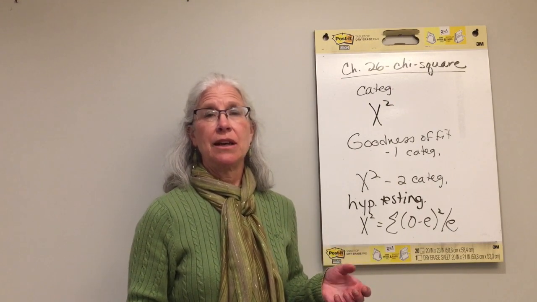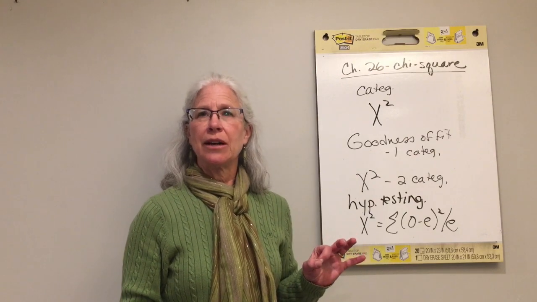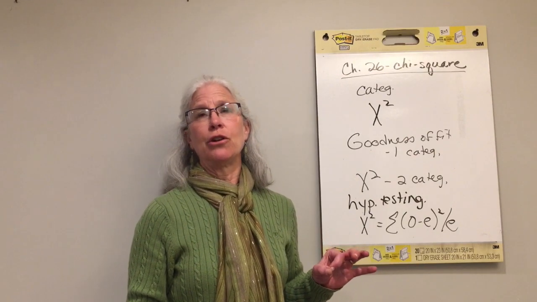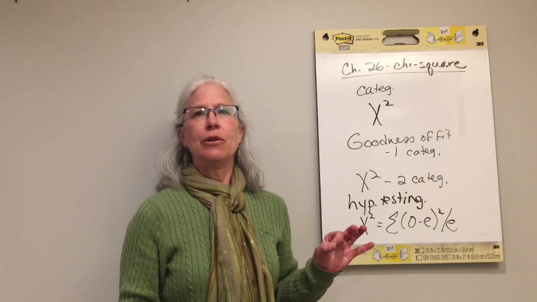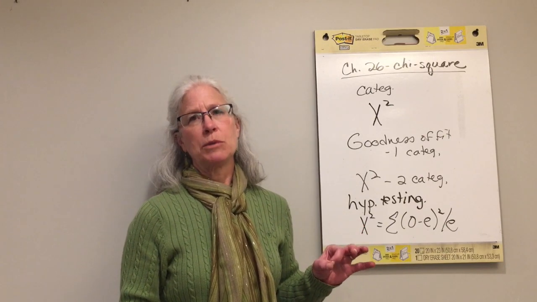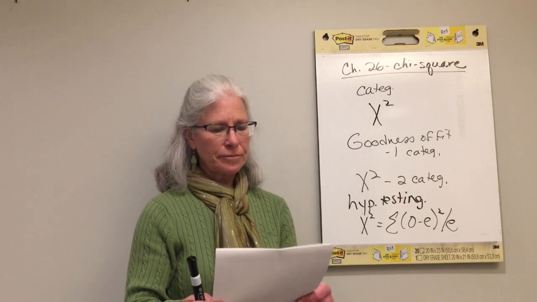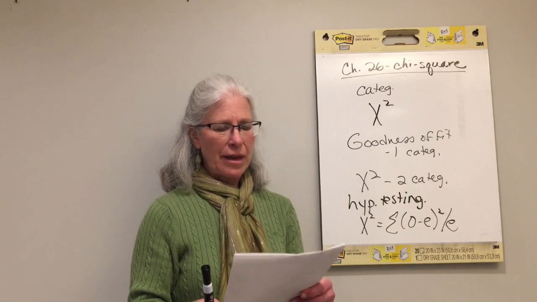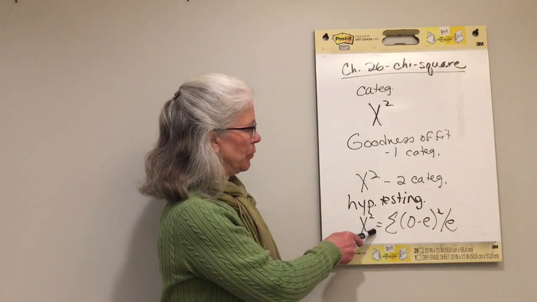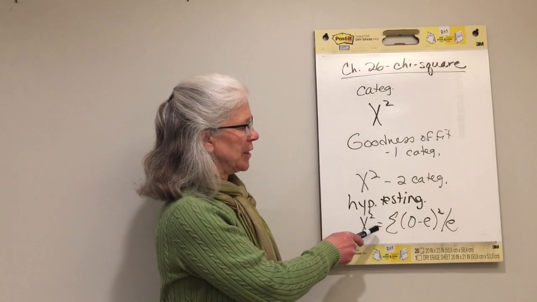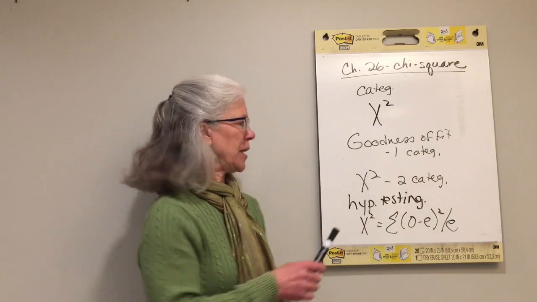If there's a very low probability of seeing sample data like this, if the null is true, then we reject the null hypothesis. So that's why when the p-value is low, the null must go. The computer will compute the chi-square for us, will give us a p-value, and then we'll make a decision about our null hypothesis.